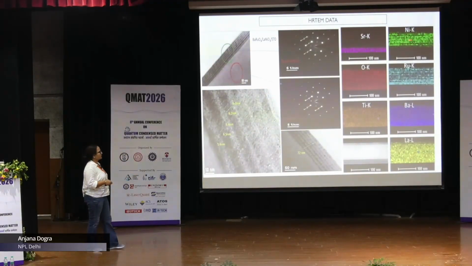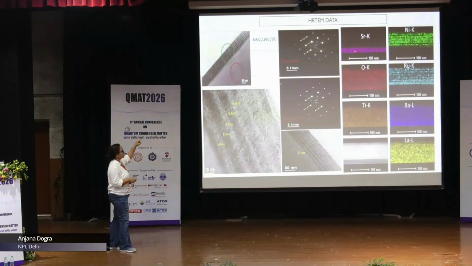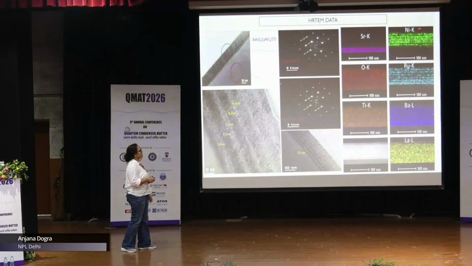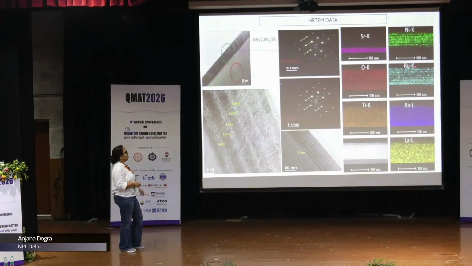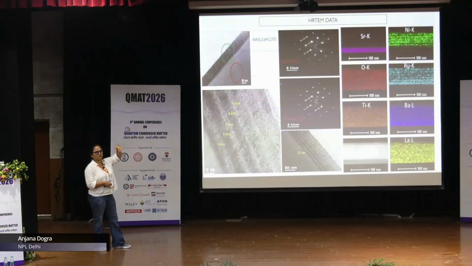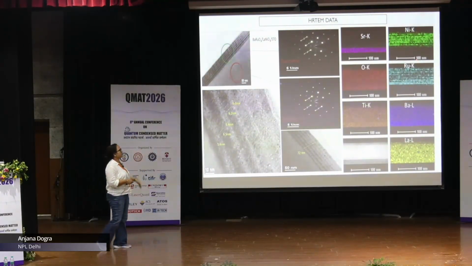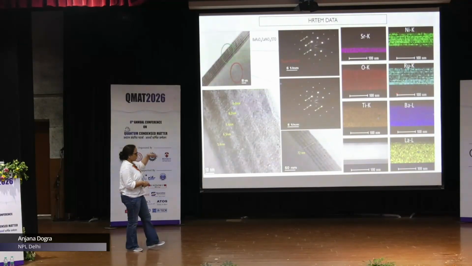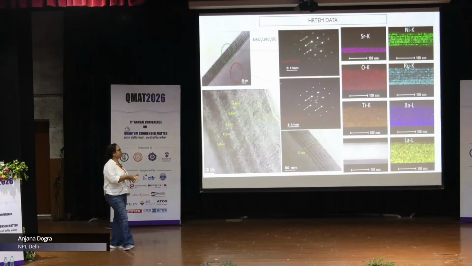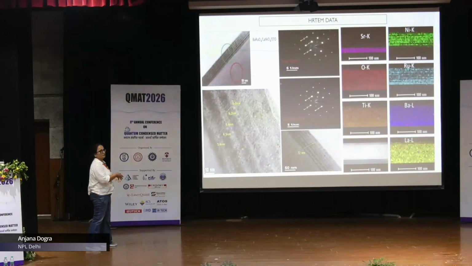But here we are seeing that these layers are very much abrupt. For strontium, it is fine. But for nickel and ruthenium, over the whole thickness of the film you can see the Ru in the cross-sectional TEM, and the same with the nickel.